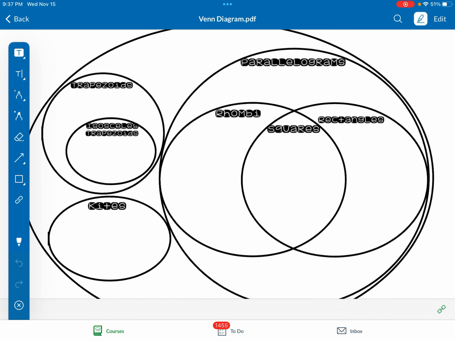So I know we filled out parallelograms already. Opposite sides congruent, and then opposite sides parallel, then opposite angles congruent, and then consecutive angles equal 180, and then finally diagonals bisect each other.